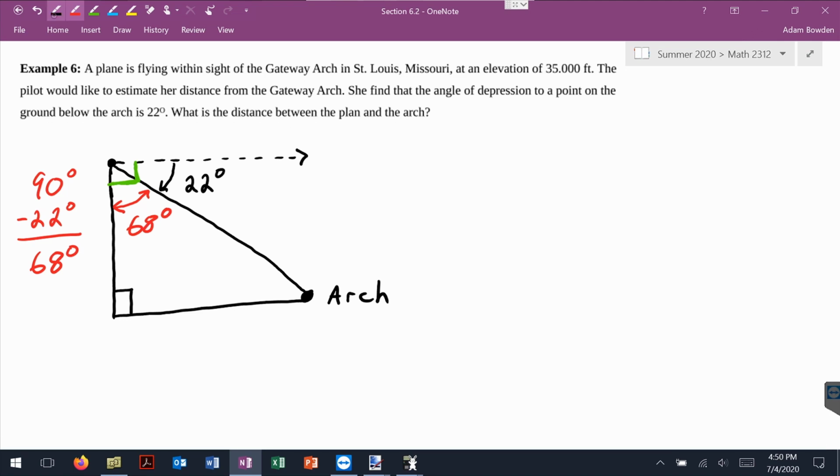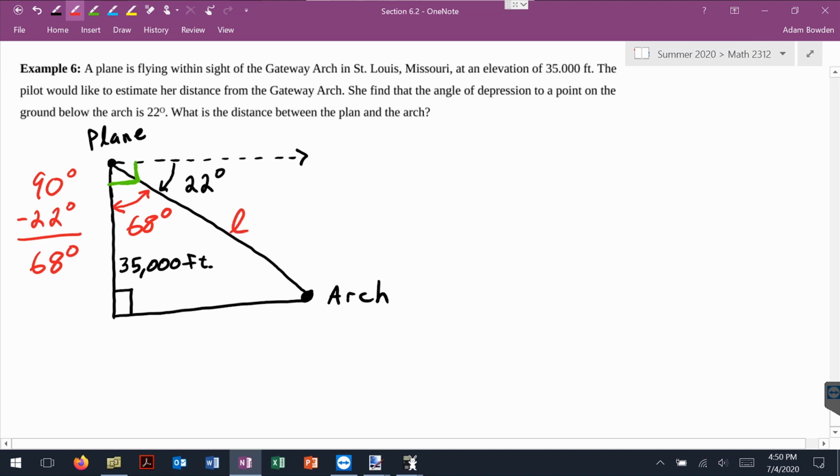Now we also know that the elevation of the plane is 35,000 feet. So that's the length of that side of the triangle going straight down to the ground. And we want to know what's the straight distance from the plane to the arch. So I'm going to call the side that has that distance L, or length.